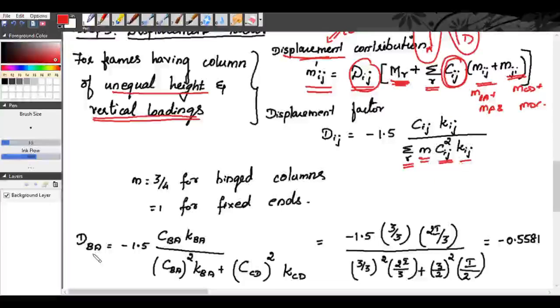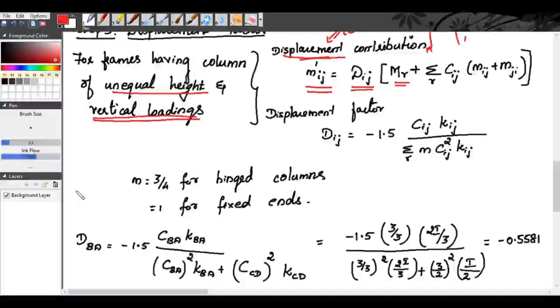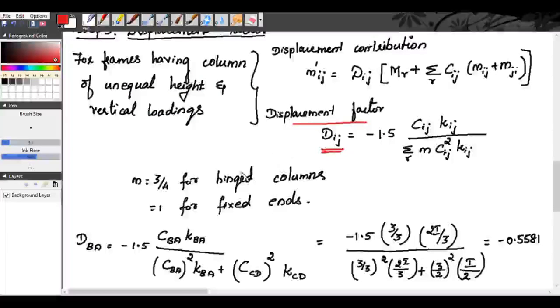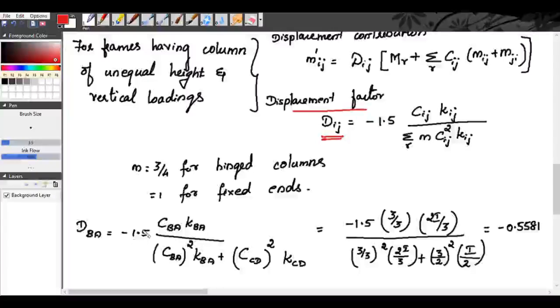Now, DBA, D means Dij. Dij means the displacement factor. Dij is the displacement factor. So, displacement factor is equal to minus 1.5. We know this is the formula, right?